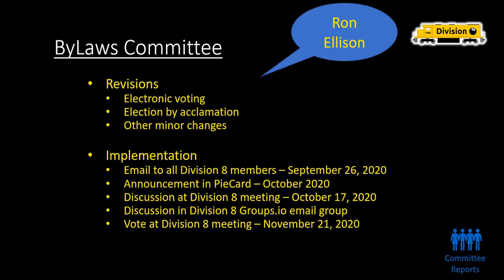The other changes were mostly housekeeping changes. Quite a few changes had to be made about electronic voting and electronic communications, which weren't in effect when the last bylaws were written in 2008. It's amazing how much things have changed in 12 short years.